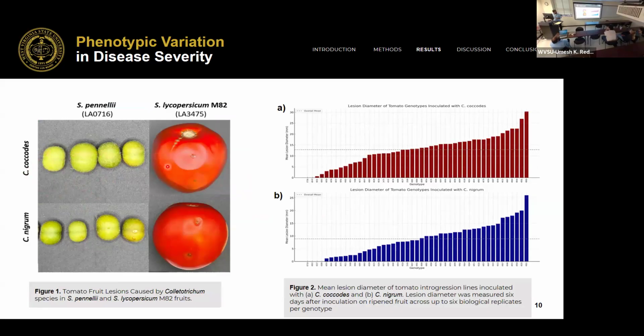On the other hand, the cultivable parent, cultivar M82, that is LA3475, shows significant lesion development to both the strains of the fungus. And to the right is the mean lesion diameter of the introgression lines for both the strains. So we have identified a few lines which show almost full resistance, and the majority of them show varying degrees of susceptibility.